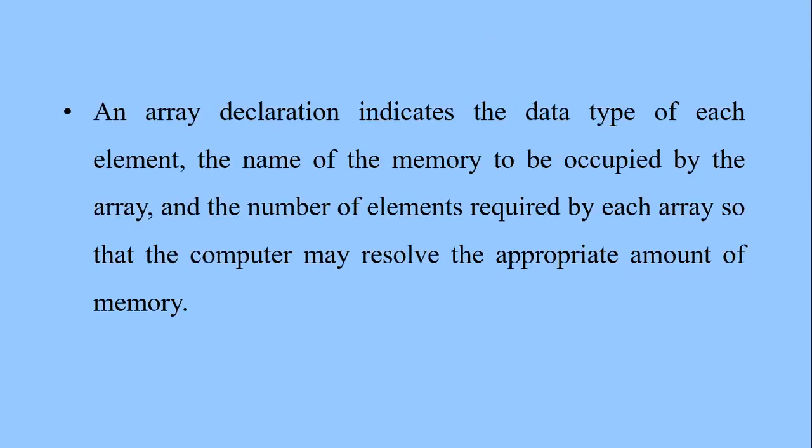An array declaration indicates the data type of each element, the name of the memory to be occupied by the array, and the number of elements required by each array so that the computer may resolve the appropriate amount of memory.